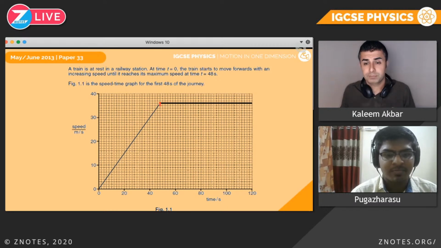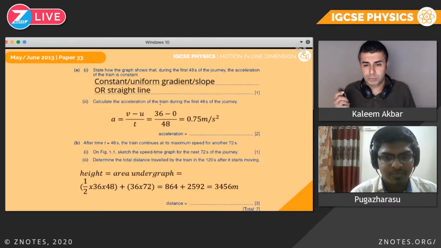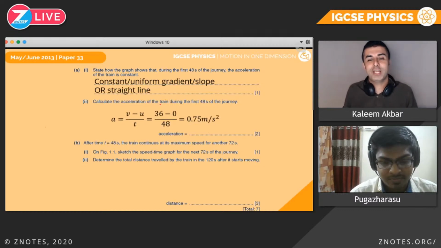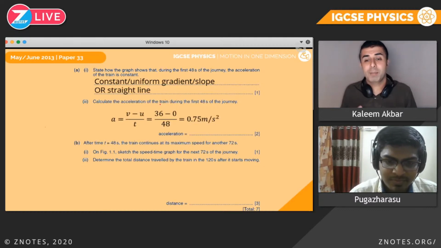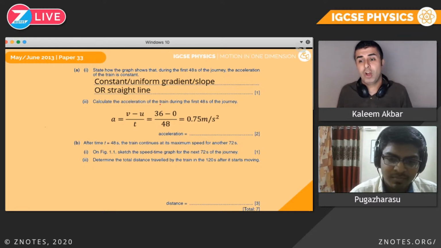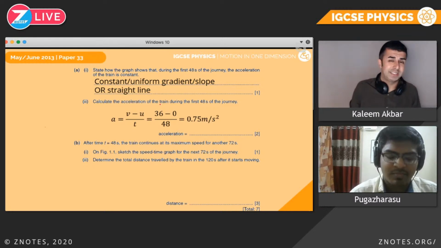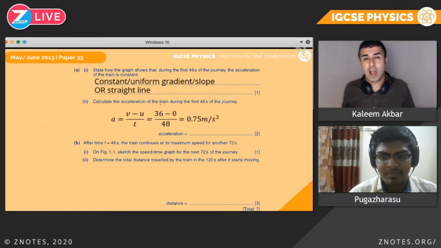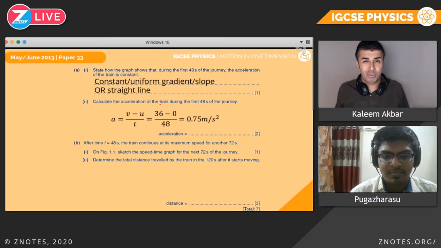Okay, so let's go back now, and I'm going to do this quickly again. Sorry, went back too far. The next question is asking, determine the total distance traveled by the train in the 120 seconds after it starts moving. Guys, basically they're asking for area under the graph. Really what they're saying is speed equals distance times time.